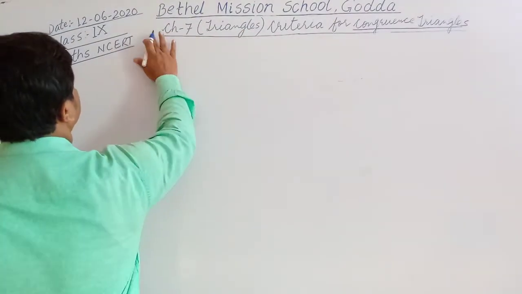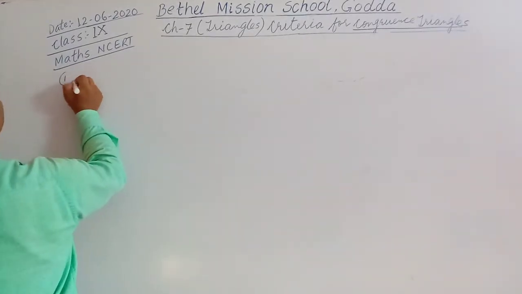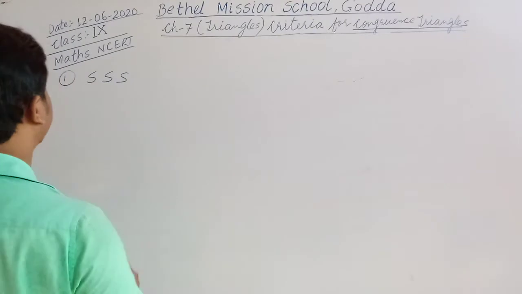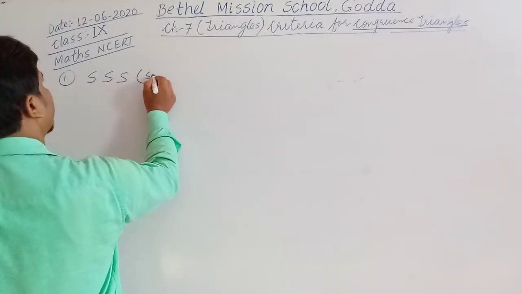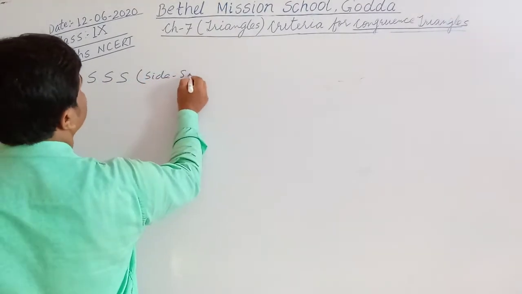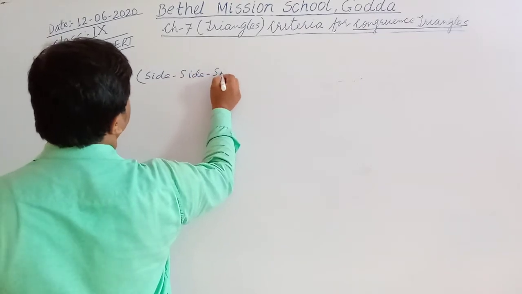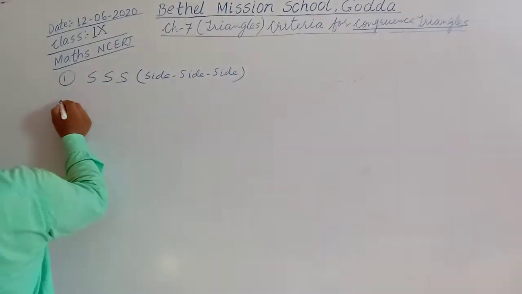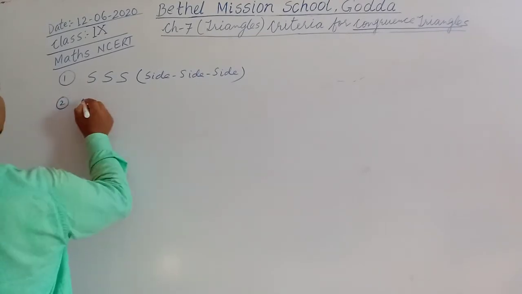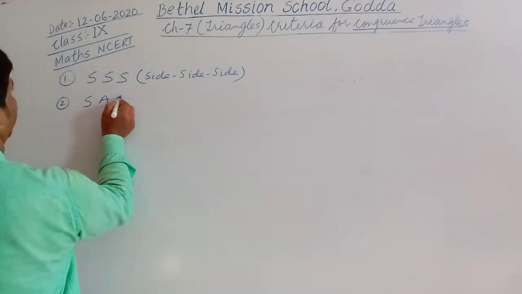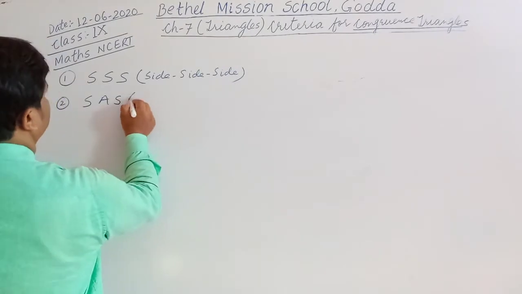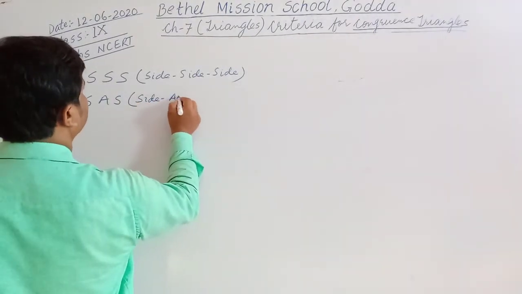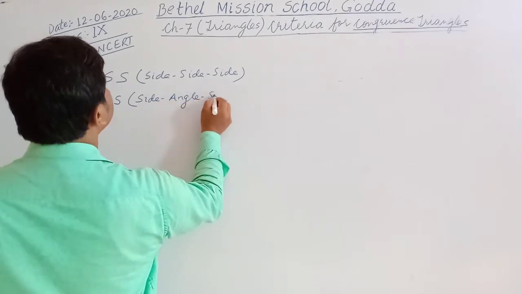First one is SSS. This SSS stands for side, side, side. Another is SAS. This is the short form of side, angle, side.